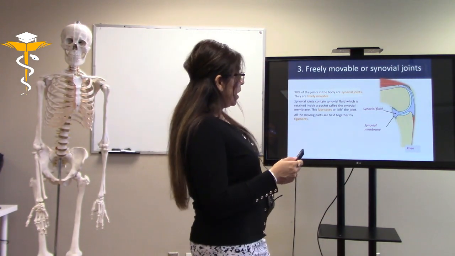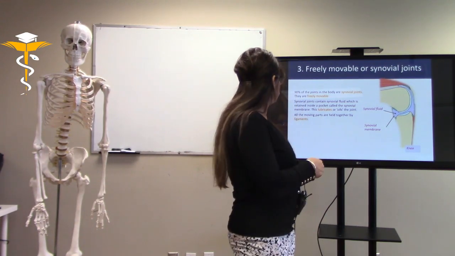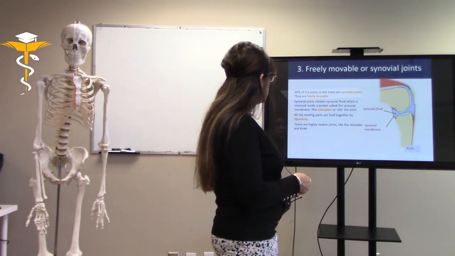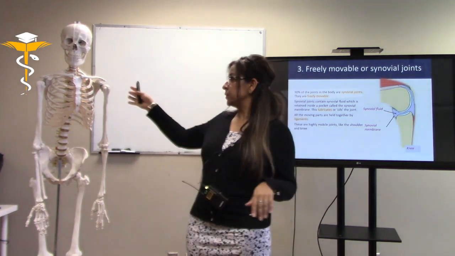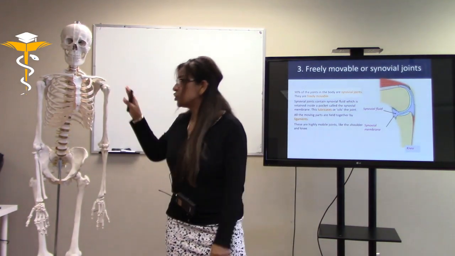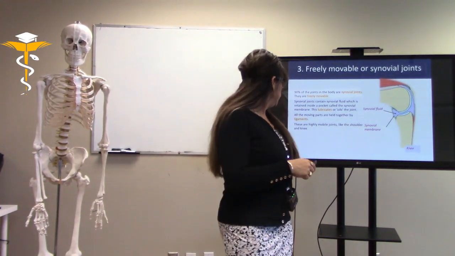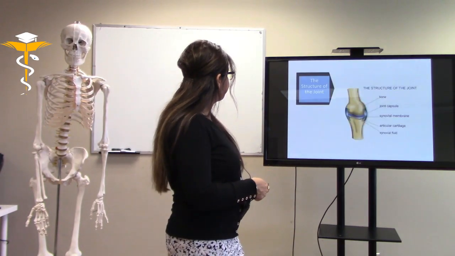All these moving parts are also held together by the ligaments. Next one, synovial joints are found in the shoulder and in the knee. Those are some examples of synovial joints.